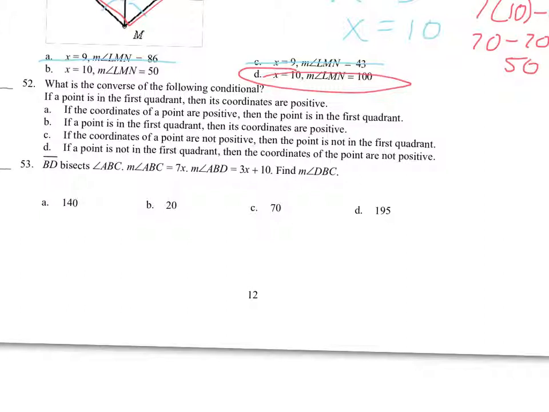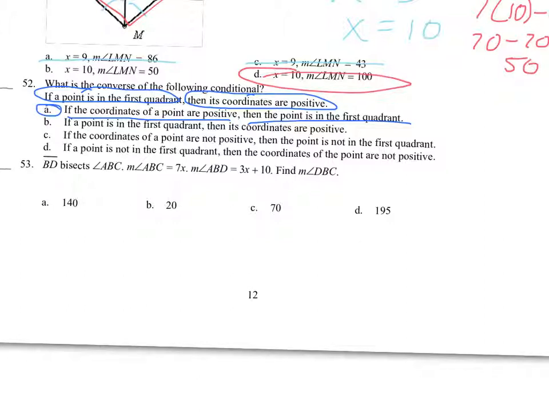So instead of this statement starting with, if the point is in the first quadrant, it's going to start with, if the coordinates are positive. So this is going to be my first statement, which I see right here. And then this is going to be my second statement, which is right here, which is why A is my answer.